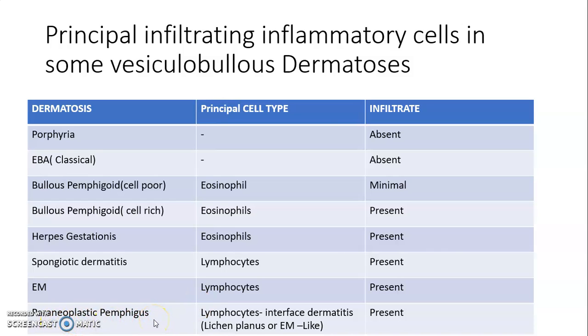Paraneoplastic pemphigus has lymphocytes in the blisters. Interface dermatitis, like in lichen planus or erythema multiforme.